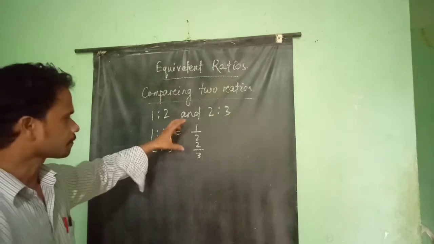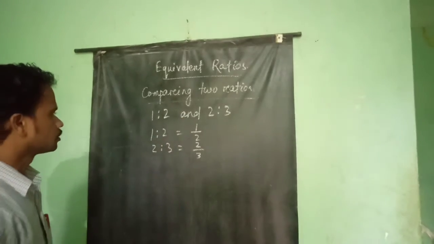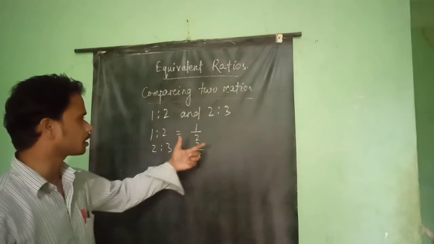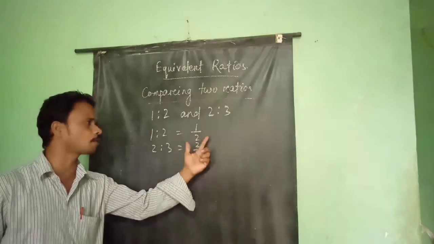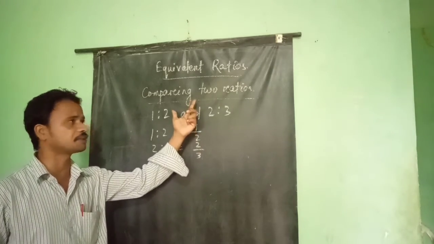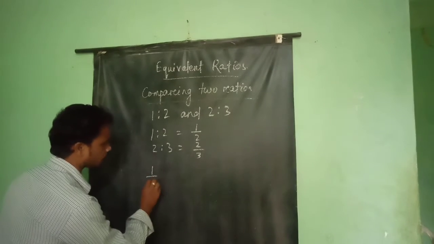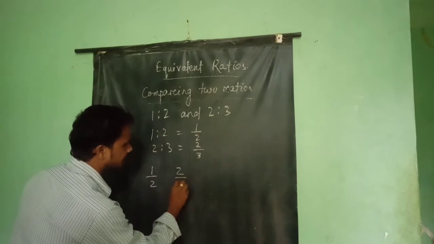You can check it. So you have different formulas when you are checking or comparing 1/2 and 2/3 in the previous class or in fractions. So you can check it by this process: 1/2, 2/3.